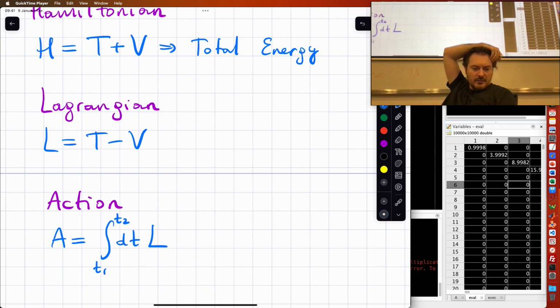And do I need to say also some path? What am I missing here? Anyways.